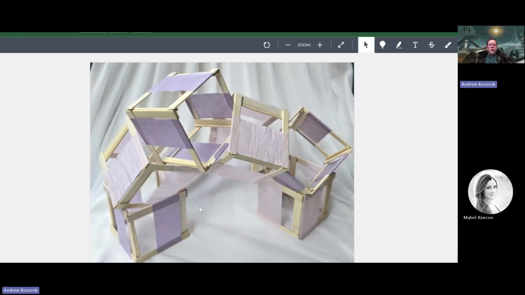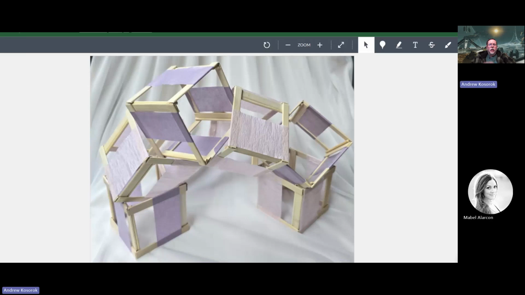Now, Mabel, you don't know this artist, do you? No. It's interesting to me that they have the same number of structures as you, and they've applied the skin in a very interesting way that's similar. So I'm wondering if you share a class or anything like that. No, I don't know this person. I don't even know the name.